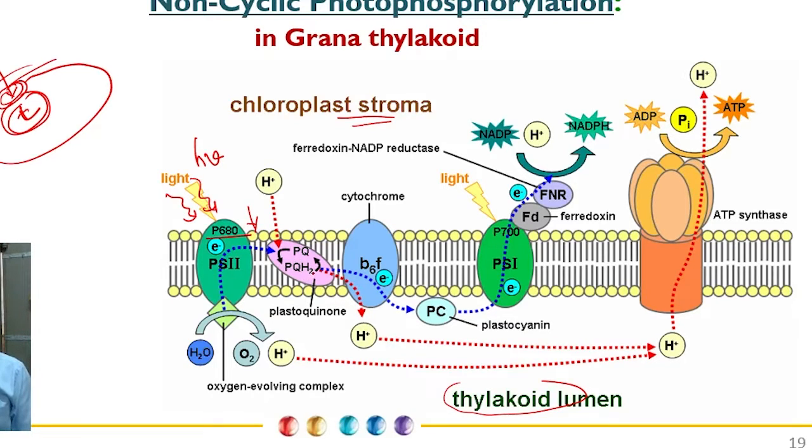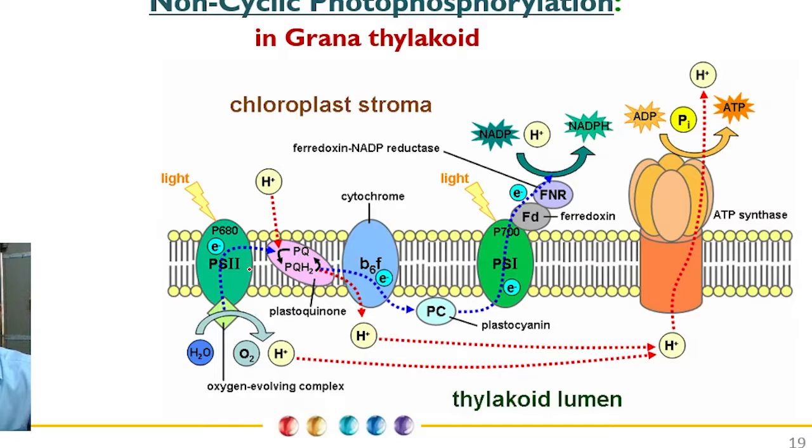Plastoquinone will be reduced to plastoquinol. Then the electron is transferred to the cytochrome b6f complex, then it comes to plastocyanin, and further these electrons are transferred to photosystem 1. So those electrons coming from photosystem 2 have now reached photosystem 1.